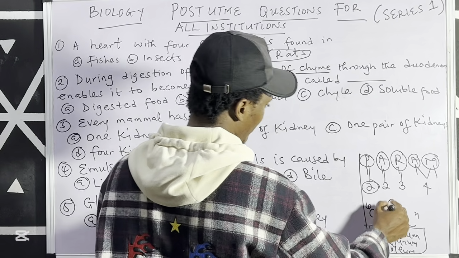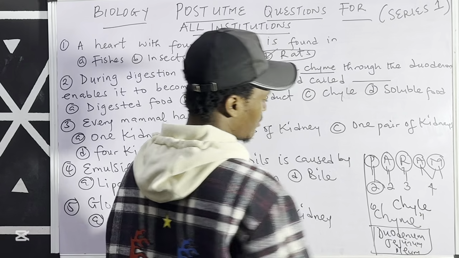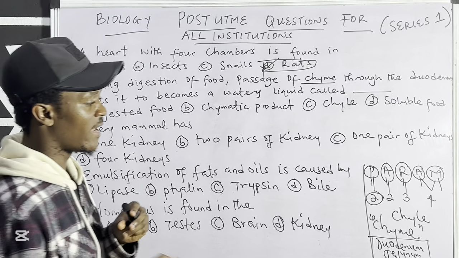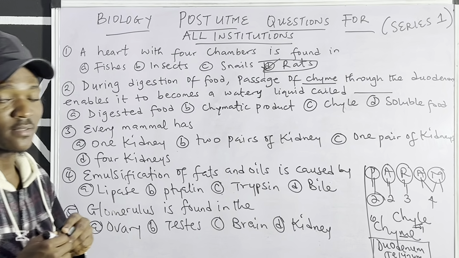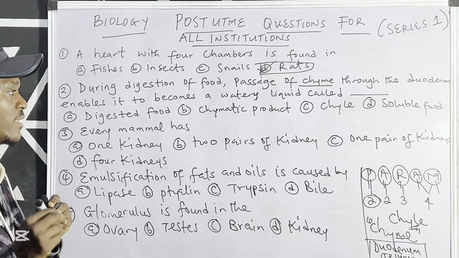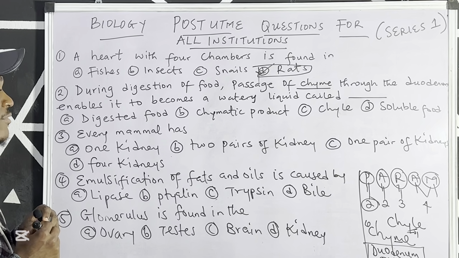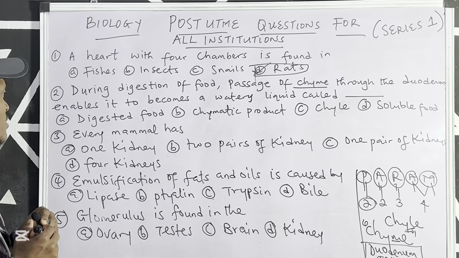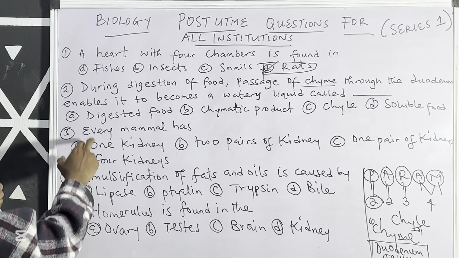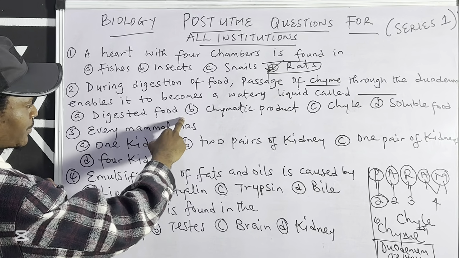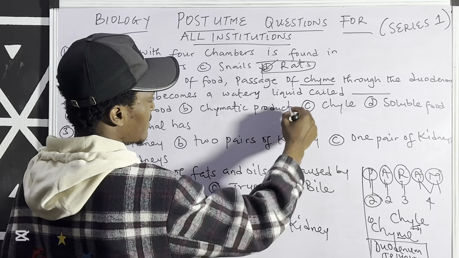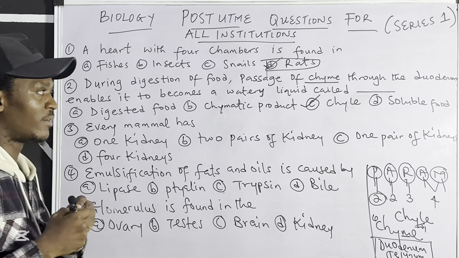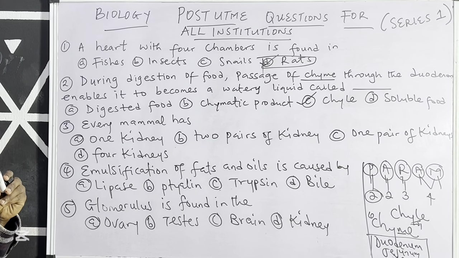When you say chyle, you just remove the M and you replace it with L. Alright, so that's the name of food in the small intestine. So do we have chyle in the options? Let's check. Option A, digested food, no. Chymatic product, no. Chyle, yes. So this is our answer. Alright, so just take note of that.